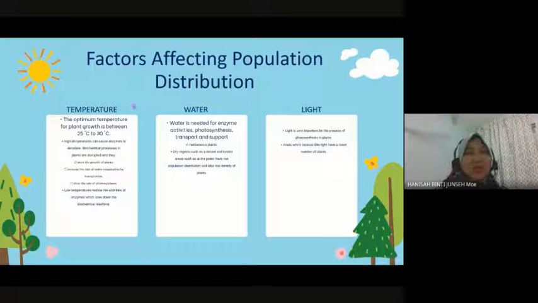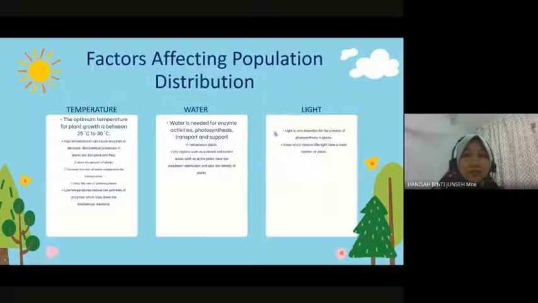We can compare the areas that receive sunlight exposure, which have a high plant population, compared to the shaded areas, or areas that receive less sunlight, which have a low population of plants. All right. Of course, why do plants need this light? Because light is an essential source of energy for photosynthesis.